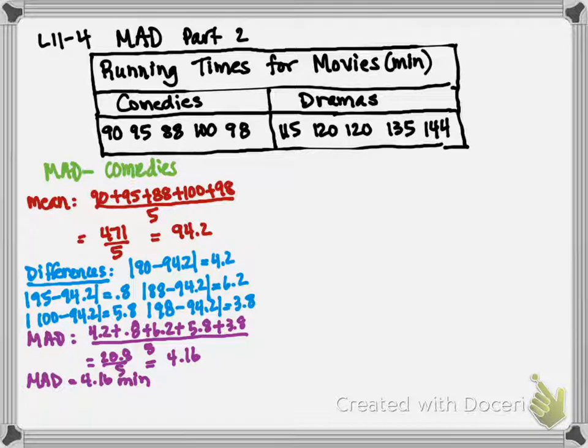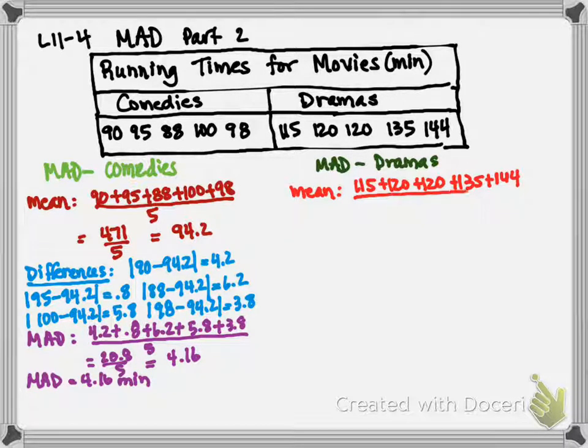All right, let's do the other guy. We'll do the MAD of dramas. First we're going to find the mean. So we have 115 plus 120 plus 120 plus 135 plus 144 all over 5.